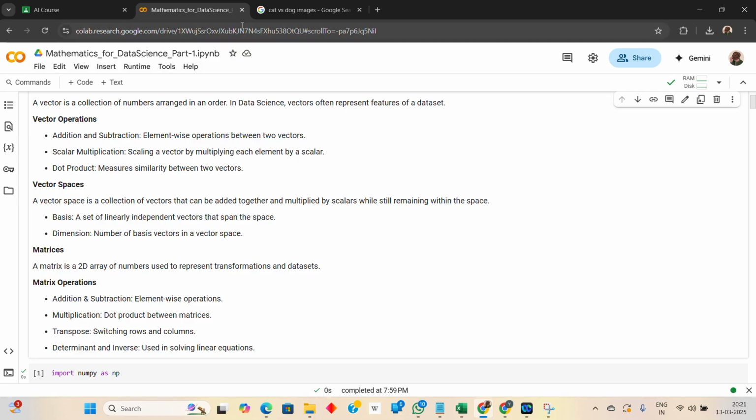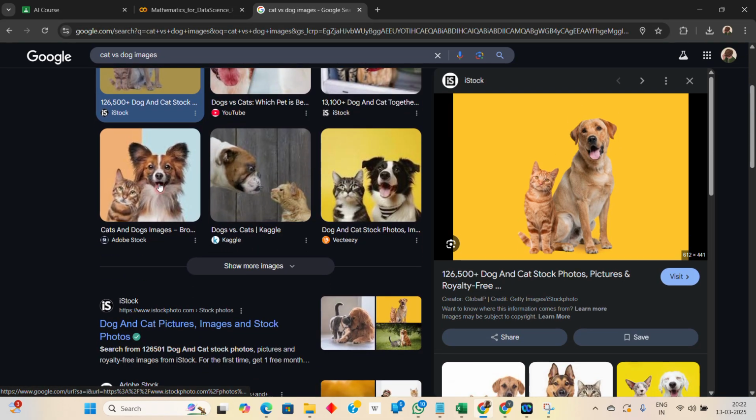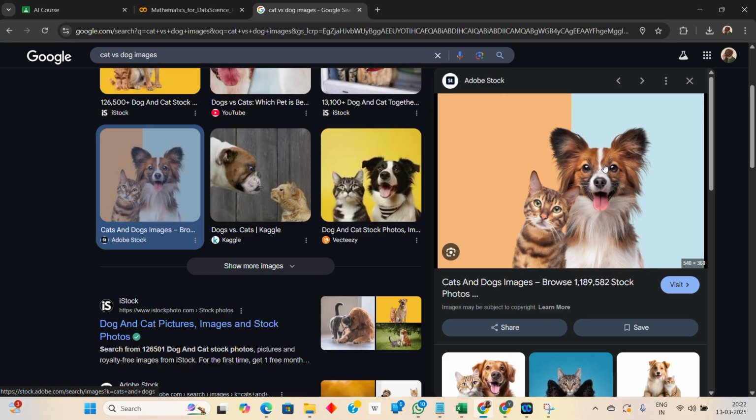For example, two cats are there. So this is the best example. In this example, the second animal is a dog, but somewhat it looks like a cat. Correct? So dot product will help us get the similarity between cat and dog.